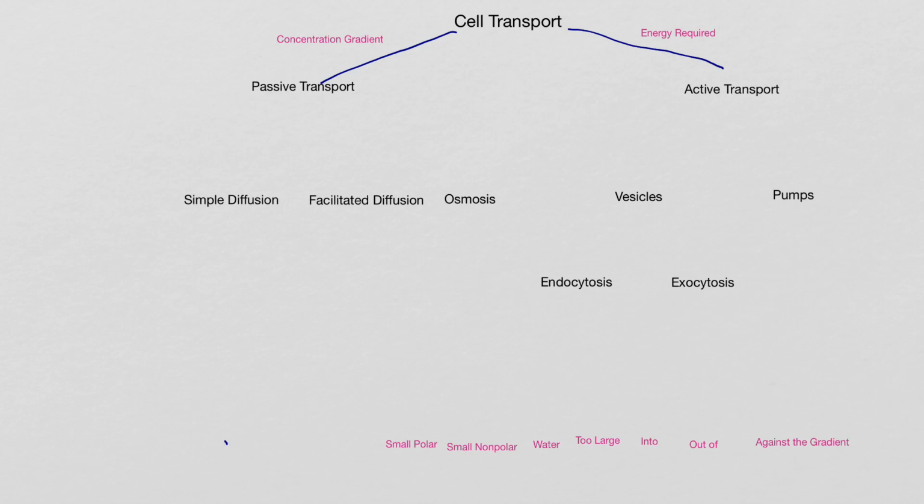The different types of passive transport that we have are simple diffusion, facilitated diffusion, and osmosis. When we're talking about simple diffusion, what that means is that we are going to be small and non-polar. Really only non-polar things can move across the cell membrane without any help.